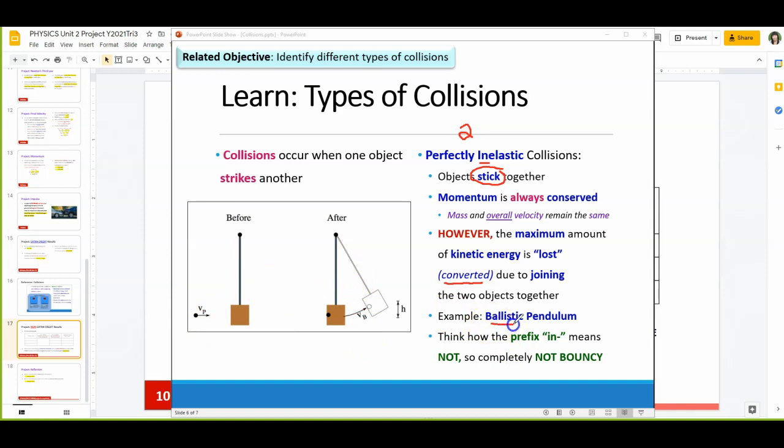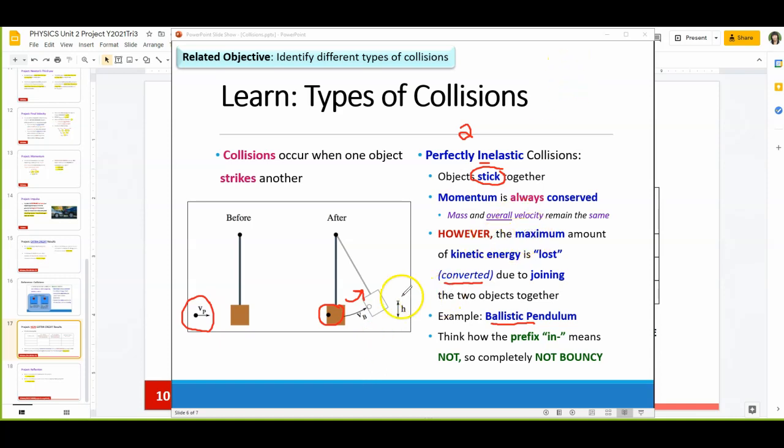An example here is a ballistic pendulum. What you can see here is we have an object shooting towards this block right here, and then they actually stick together, and as they stick together, their motion and their mass combine together, okay? So the momentum is still the same, mass and overall velocity will still average out to be the same.